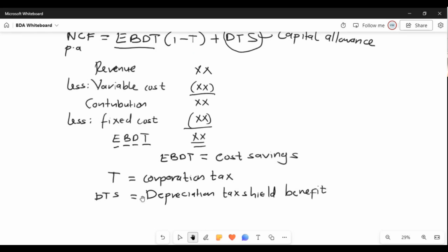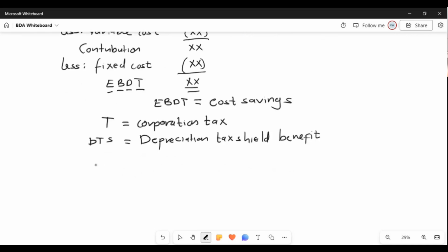So if this is the depreciation tax shield benefit, if you want to get the DTS per annum, the DTS per annum is given by the depreciation per annum multiplied by the tax rate. The depreciation per annum times the tax rate gives us the DTS per annum.